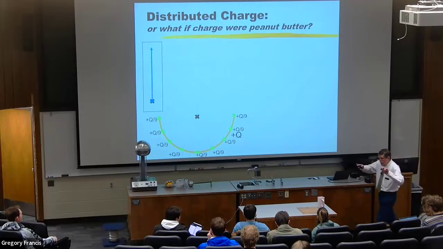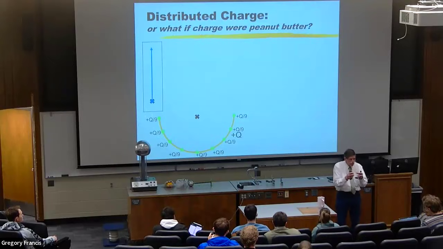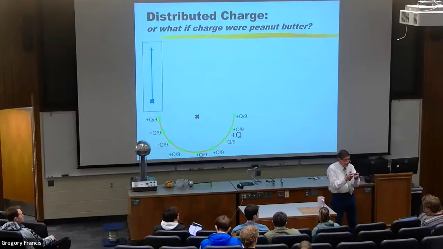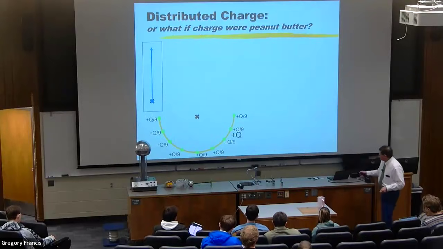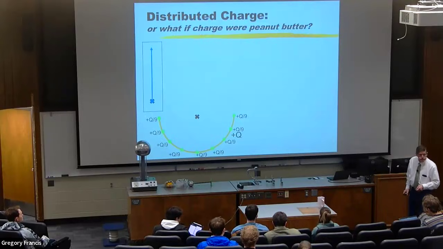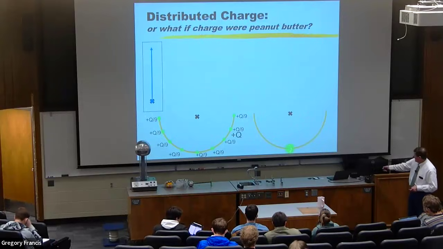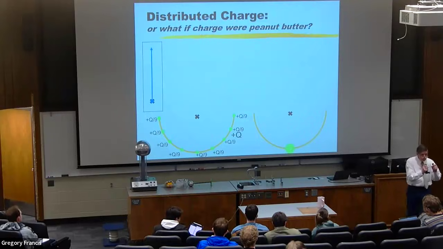But you were asked in the homework to compare the field due to this extended charge to a concentrated charge of the same size. And the way to think of that is to take your peanut butter knife and scrape all that peanut butter down to the bottom of that hemisphere. Okay, if I scrape all of that charge right down to here, I can think of all 9 of those chunks right here.